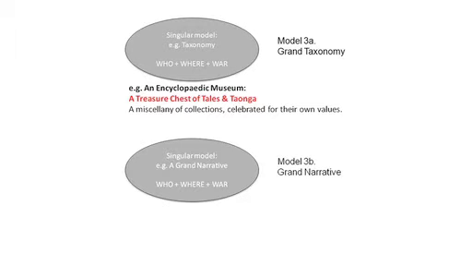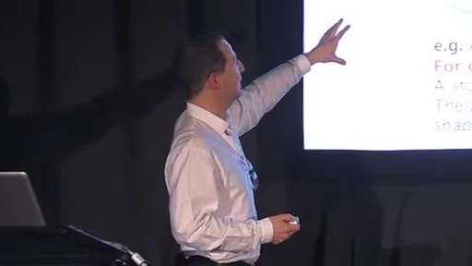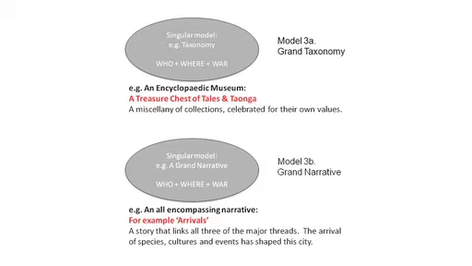That model, a treasure chest of tales and tonga, or a cabinet of curiosities, basically a miscellany of collections celebrated for their own value. The 3B is a grand narrative, a single narrative that runs across the entire museum. And here's an example of one of those stories. It could be, for example, called Arrivals. The arrival of people, the arrival of species, and the arrival of conflict.